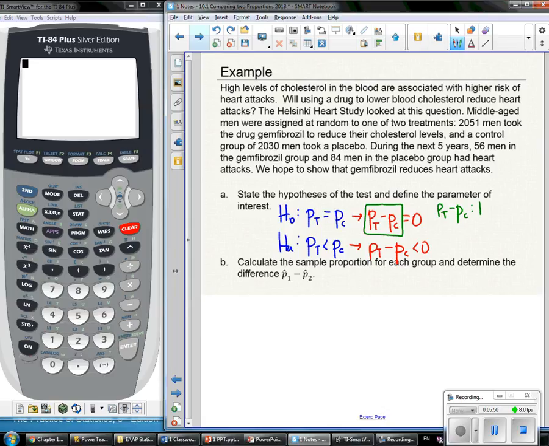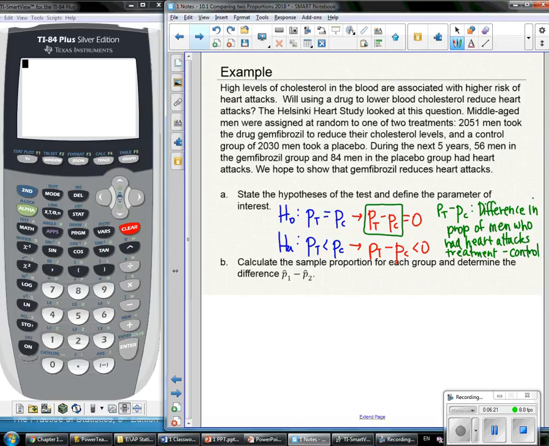I'm looking at the difference in proportion of men who had heart attacks, and I want to make sure that I'm specifying what the T and the C are referring to. And this would be in the treatment minus the control group.